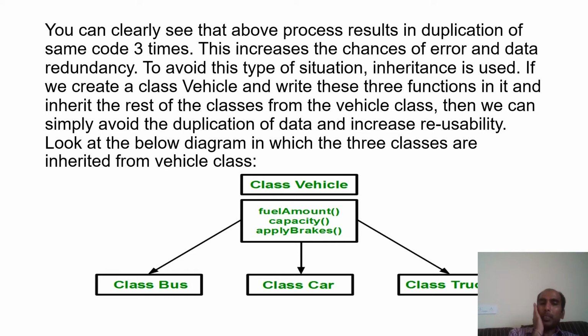Now class bus is inheriting the class vehicle, meaning all three methods will automatically come here. Now again, class car is inheriting the class vehicle. All three methods will also come inside the class car, and the class truck is inheriting the class vehicle. All the methods defined inside the class vehicle will be inherited in class truck also.